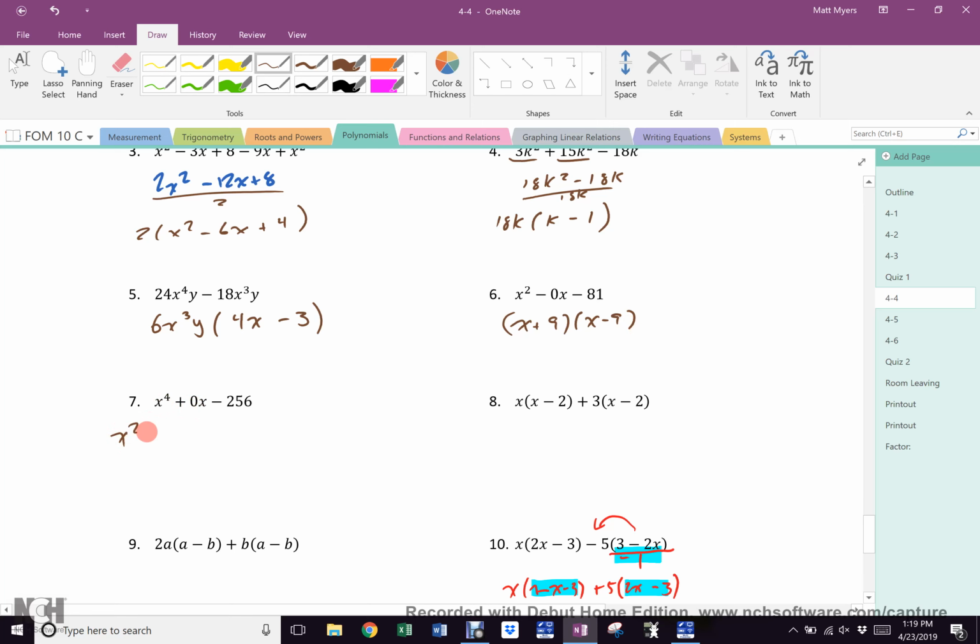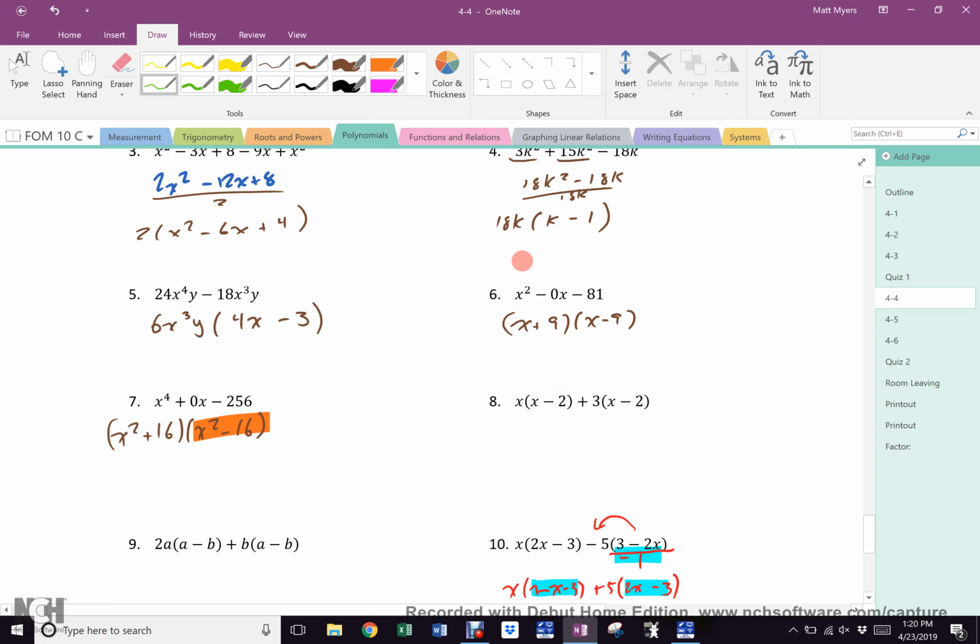It's x squared plus 16 and x squared minus 16. Now, there are a few people in the room that already noticed that will go further. But if you didn't and you left it here, you're okay. After today's class, you will go further with that, and I will show you what I mean when we get into today's lesson. Okay?